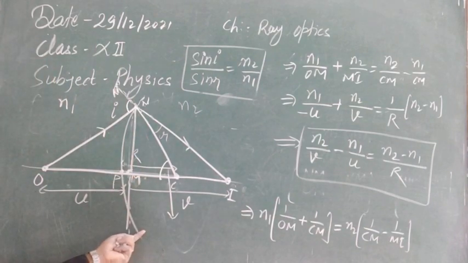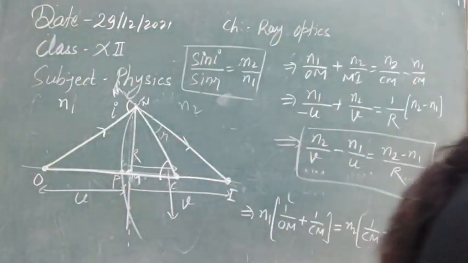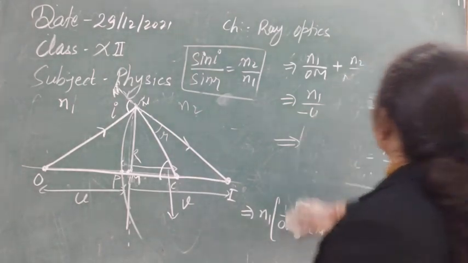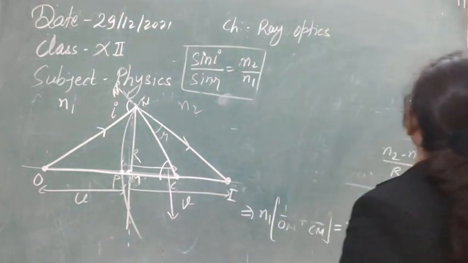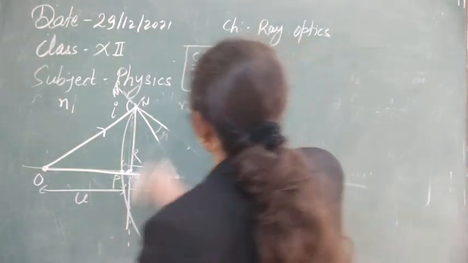I have taken here a convex spherical surface. You can also take a concave spherical surface for your convenience. In both cases the result will be the same, there will be no change in the result.